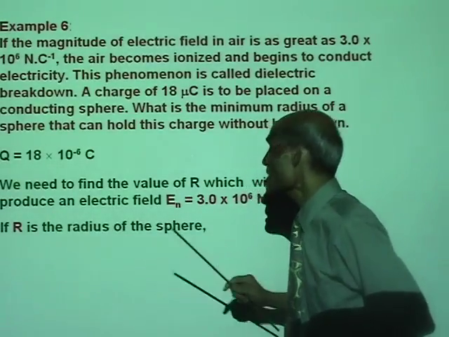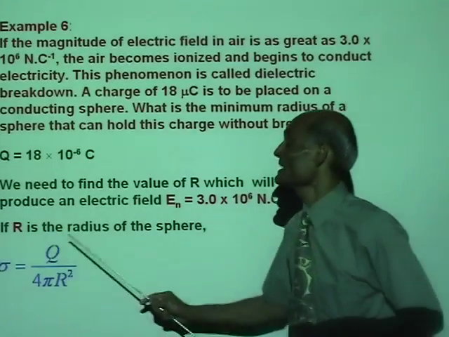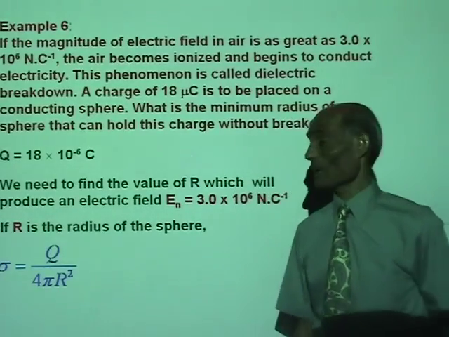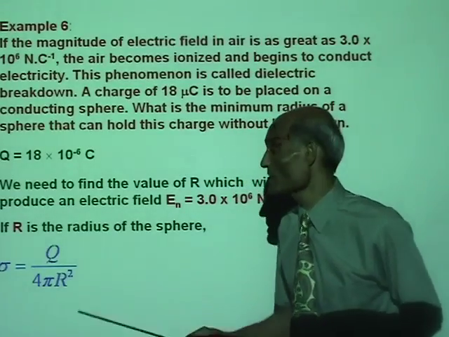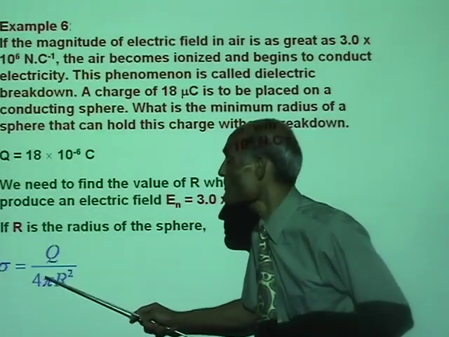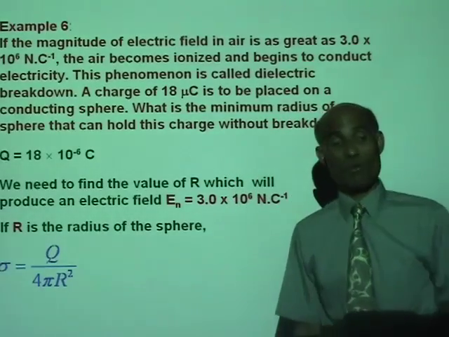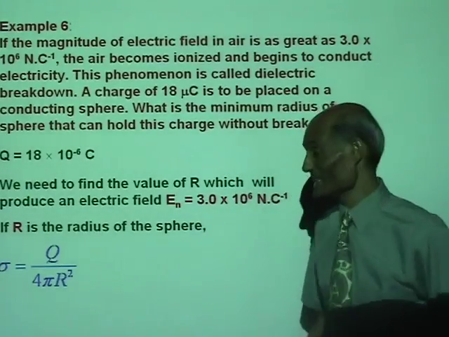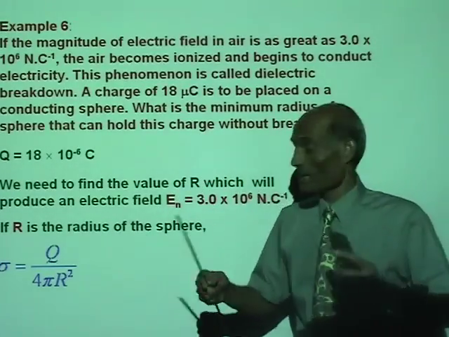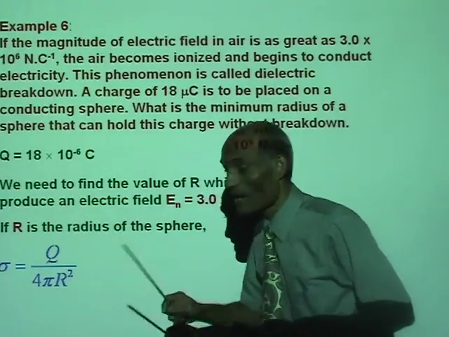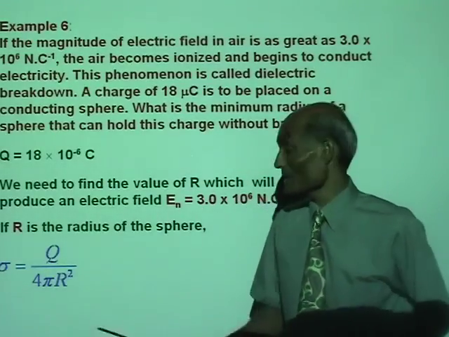If R is the radius of the sphere, then sigma, the surface charge density, will be Q divided by 4 pi R squared. Is that right? Yes, because Q is the total charge on the sphere, and 4 pi R squared is the surface area of the sphere.